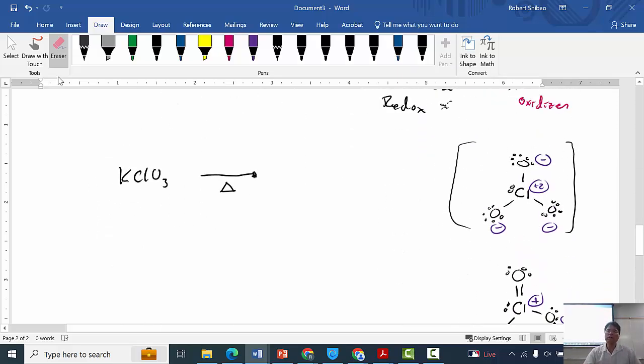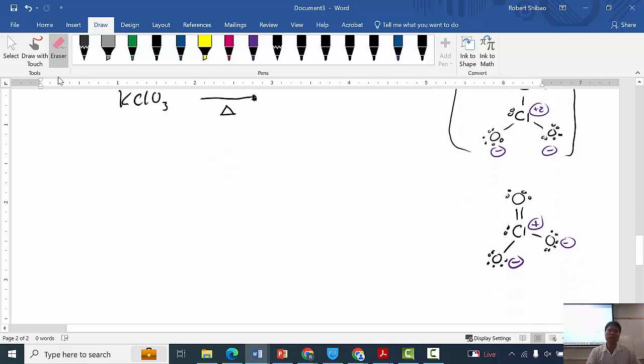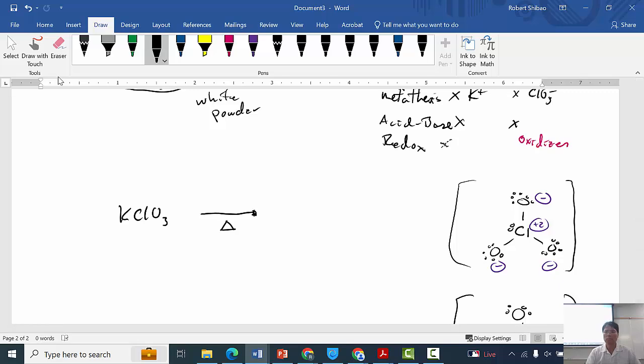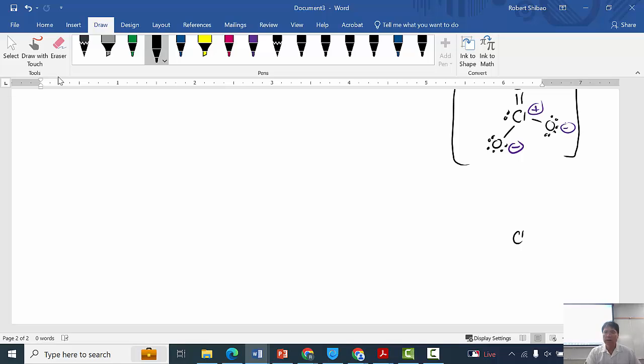Note the formal charge and the oxidation state are different. What's the oxidation state of chlorine? In each of these structures, the oxidation state of the chlorine is still plus 5. I can draw 2 double bonds like this, and so some books will show it like this with 2 double bonds. If I were to draw 2 double bonds, that's going to drop the formal charge on chlorine to 0 and leave me with just 1 formal charge on this oxygen here.